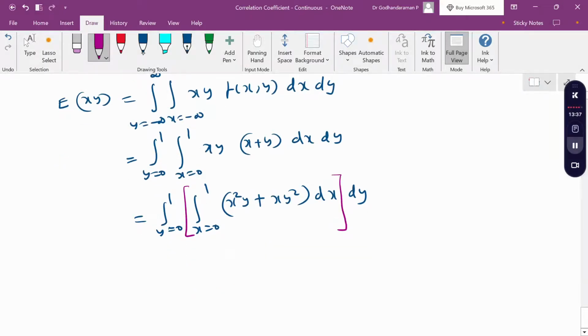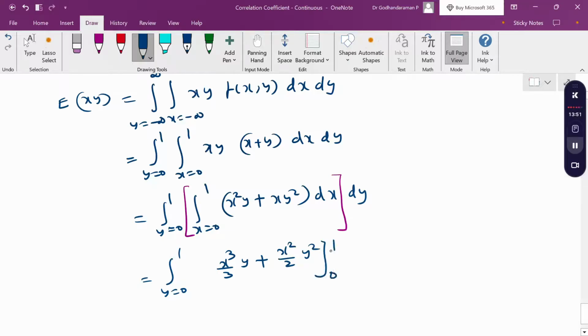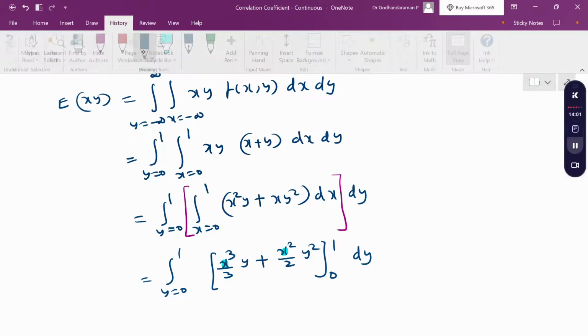So y is a constant and x is the only variable. Therefore x square integrates to x cube by 3, with y constant, and x integrates to x square by 2, with y square constant, from 0 to 1, dy. So substitute the upper limit 1 in the x term only.